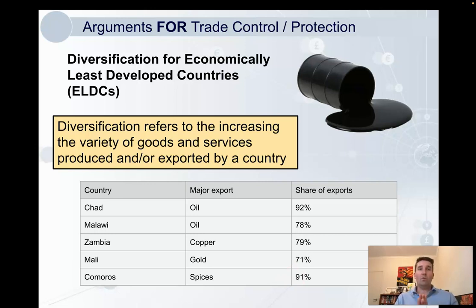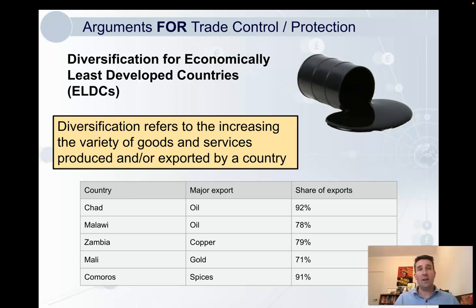As we will learn when we look more specifically at development, a country being so specialized in one commodity carries great risk. So Chad, with their reliance on oil, they risk losing a huge amount of revenue if the oil price falls, which we know it can fluctuate quite a bit. So that revenue could be used to fund their development, but it's at risk here.